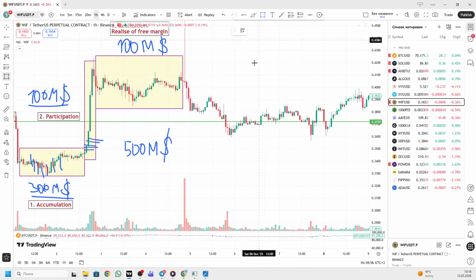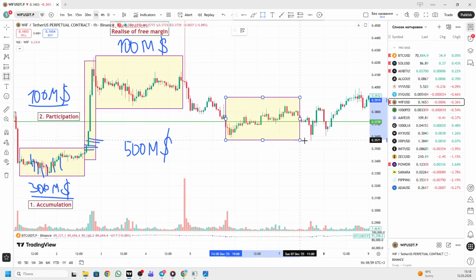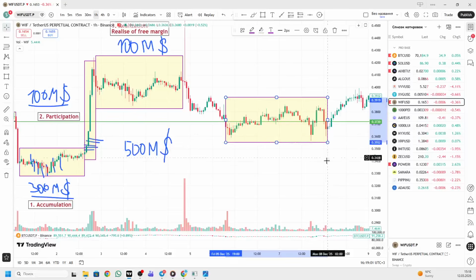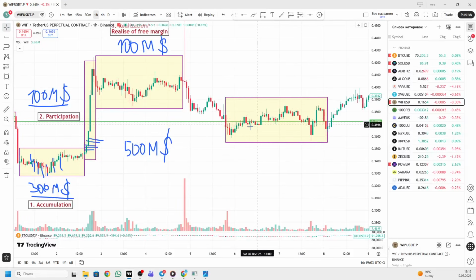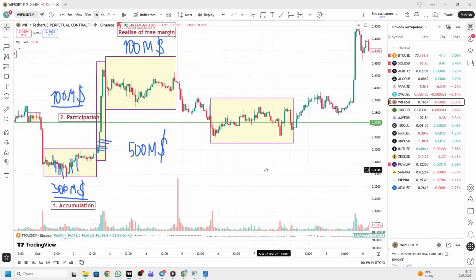Okay? We can see it here. It's freeing up his margin. He let the asset slip down a little bit more. And then suddenly, what happens?